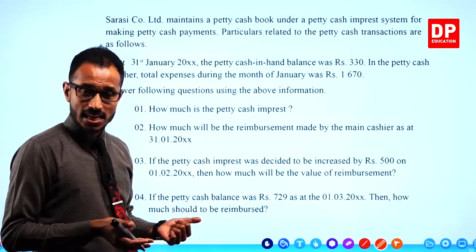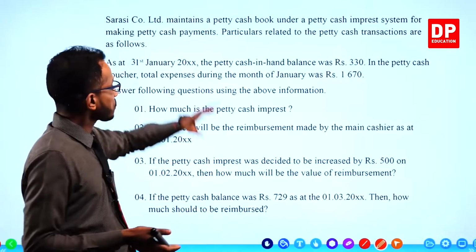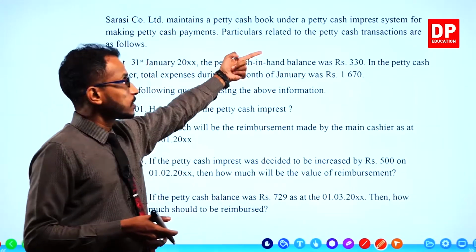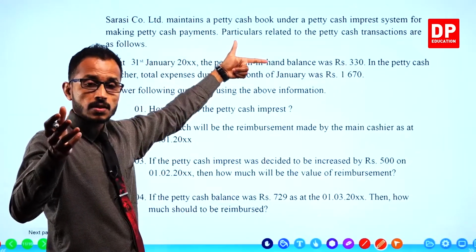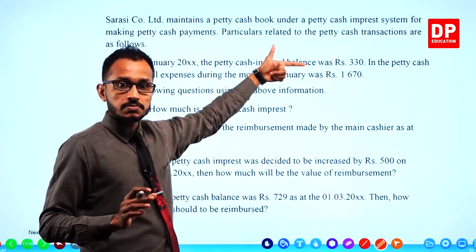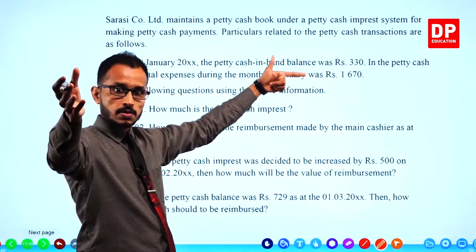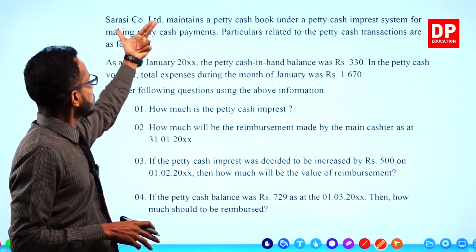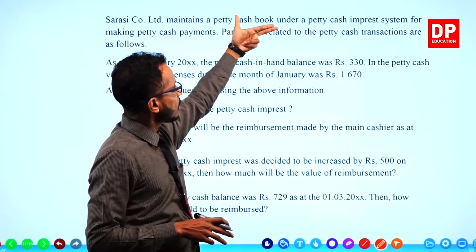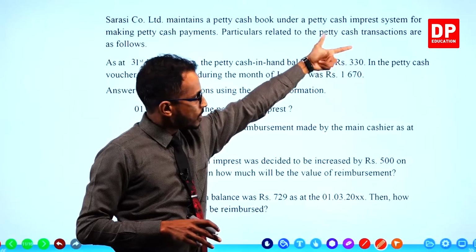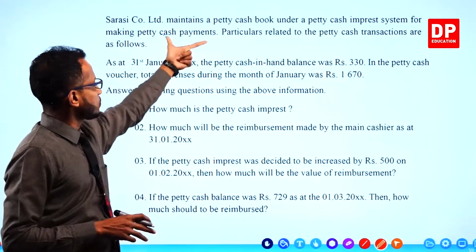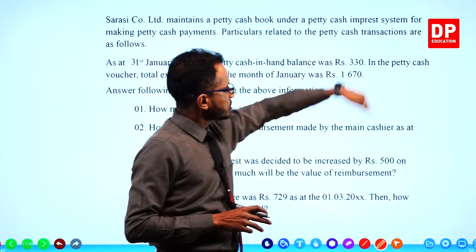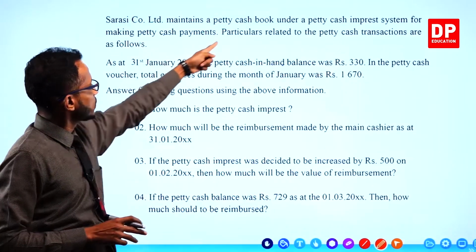Go to Unit 8, Cash Book and Petty Cash Book. Come to the Petty Cash Book part, and get to the activity. Sarasi Company Limited maintains a petty cash book under a petty cash impressed system for making petty cash payments. Particulars related to the petty cash transactions are as follows.